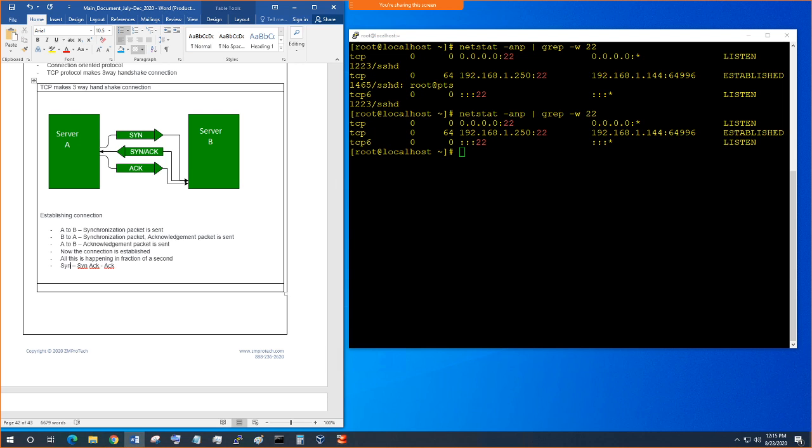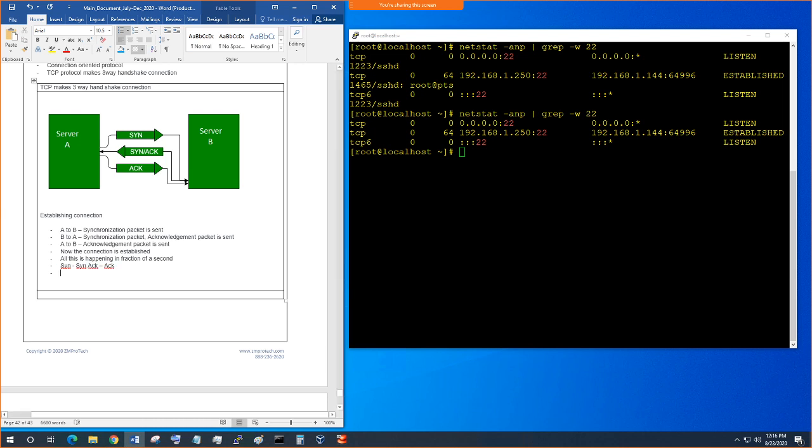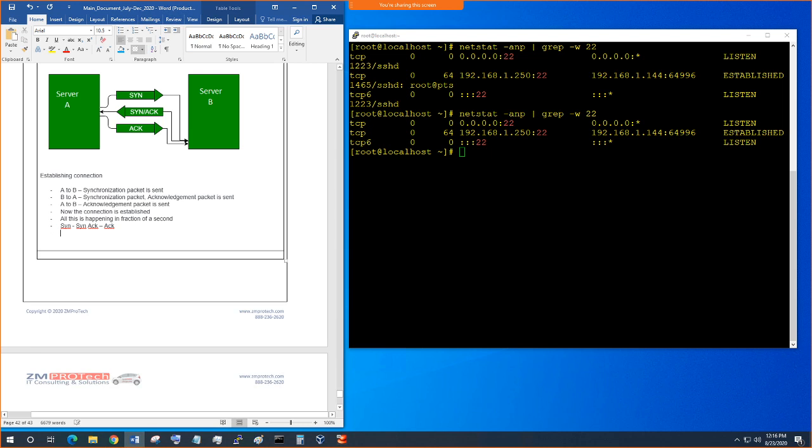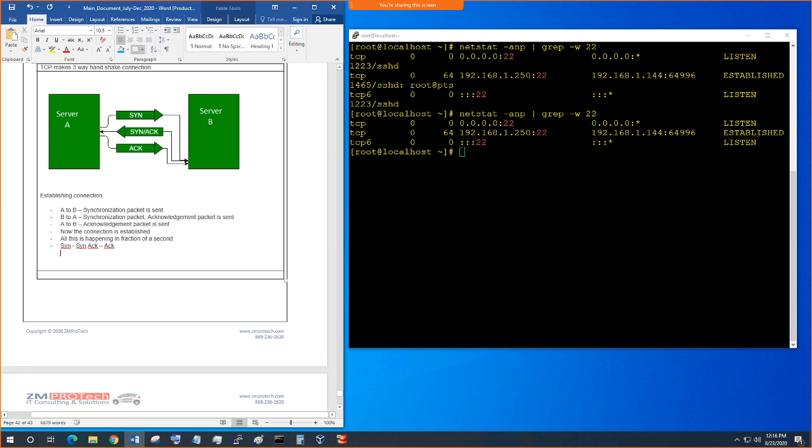That's it, nothing more. It's syncing, and it's syncing and acknowledging at the same time, and then it's acknowledging again. Okay, so this is called a connection, the TCP handshake, establishing a connection.